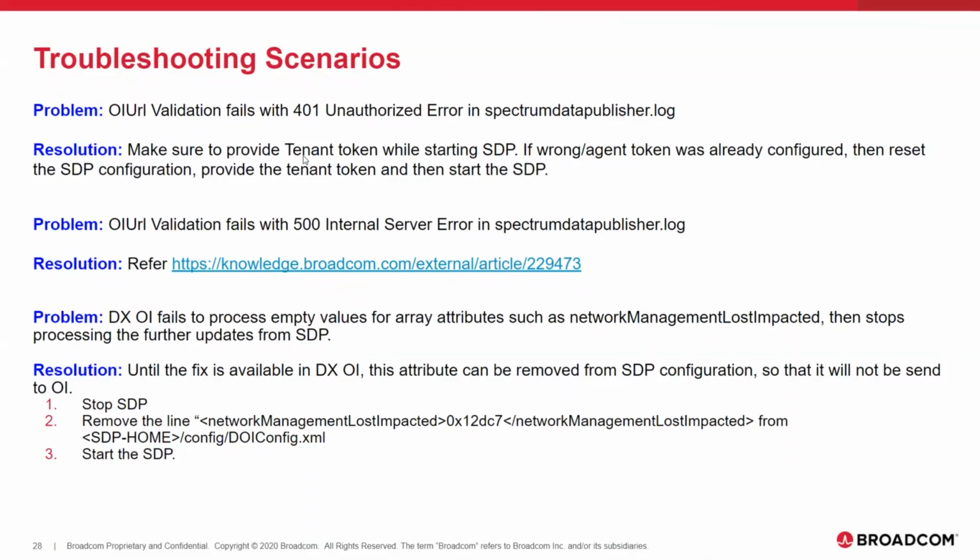If the customer is still using the agent token, or accidentally provided the agent token for the tenant token, we may end up with a 401 unauthorized error. In that case, they just need to reset and configure the tenant token and start the SpectrumDataPublisher, which fixes the problem.